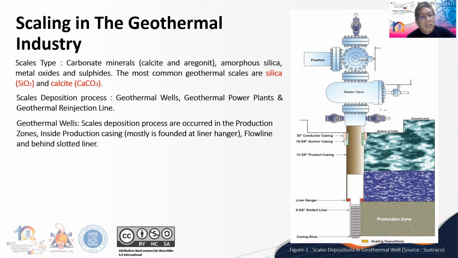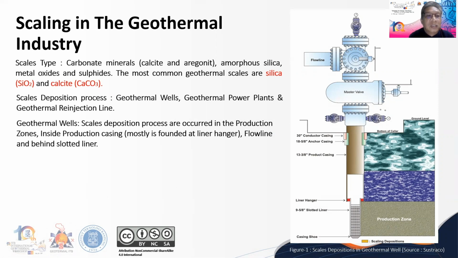The scale types are carbonate minerals, calcite or aragonite, amorphous silica, metal oxide, and sulfide. But the most common geothermal scales are silica and calcite. The scale deposition process is normally found on the geothermal well, geothermal power plant, and geothermal reinjection line.